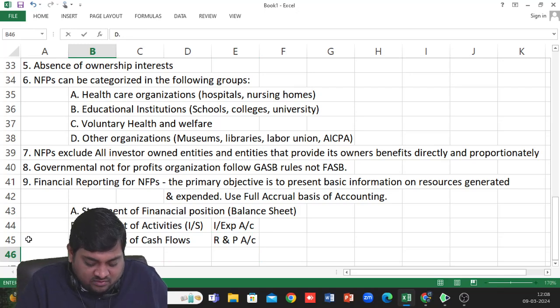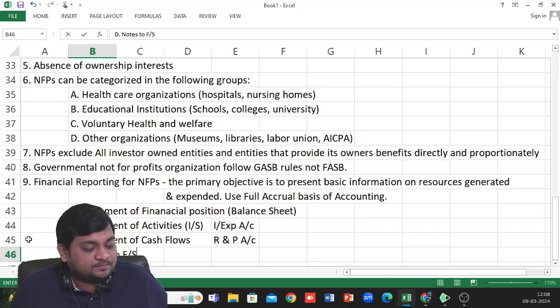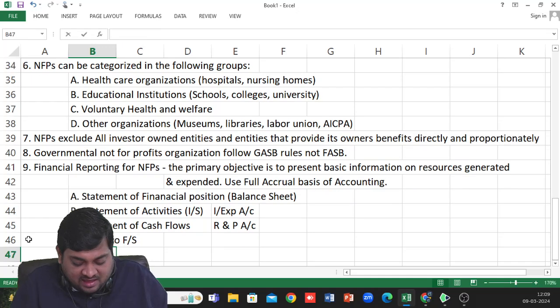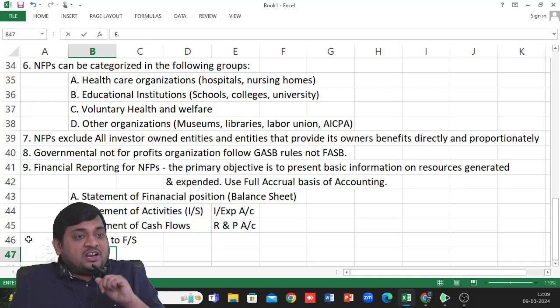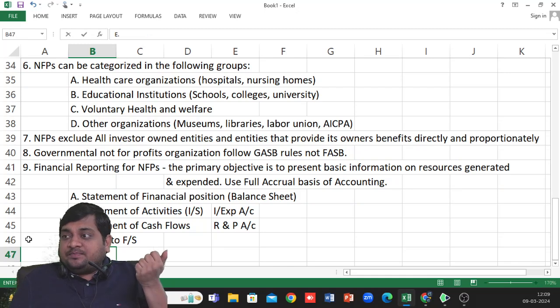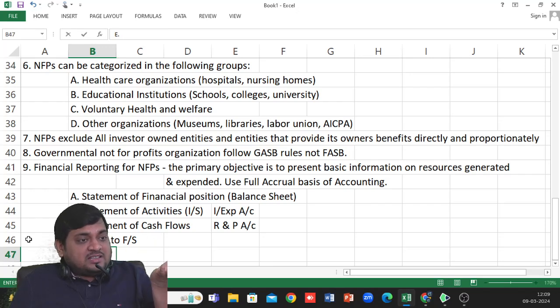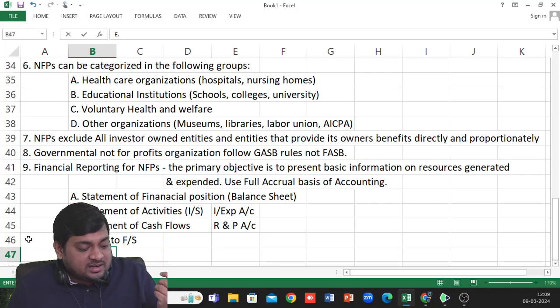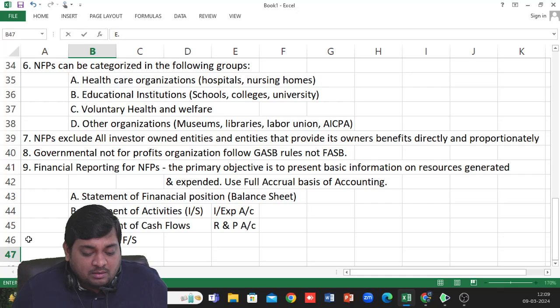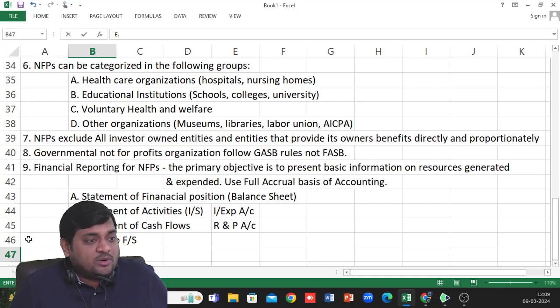Then normally we have notes to financial statements, right? And then we have one separate statement of functional expenses, right? Where we show expenses nature wise and function wise, right? So you can make this a part of activity, or you can show it separately, right?